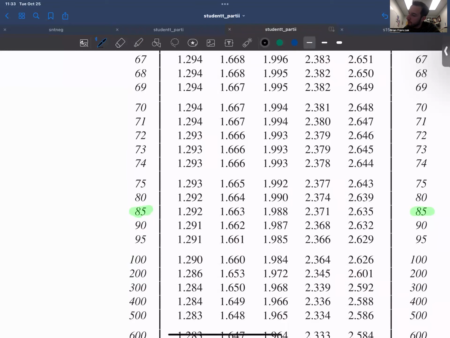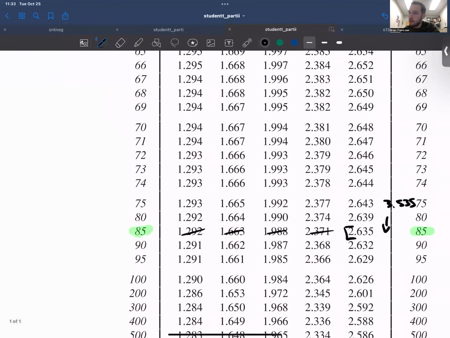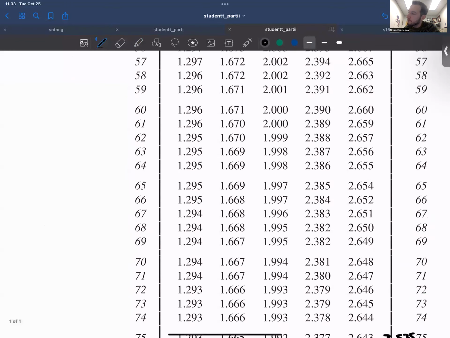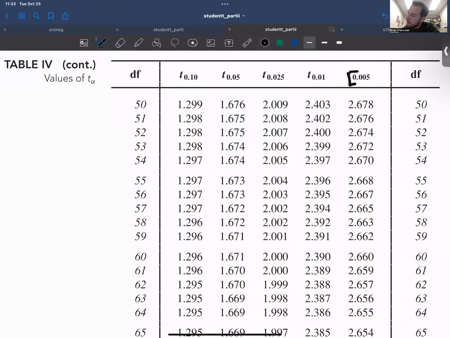As we move across this line, we're bigger than all of the values that are listed here. We are greater than 2.635, so our only bound is this 0.005. And again, as we move across the tail areas, you can see that as we get bigger in the t value, we get smaller in tail area.